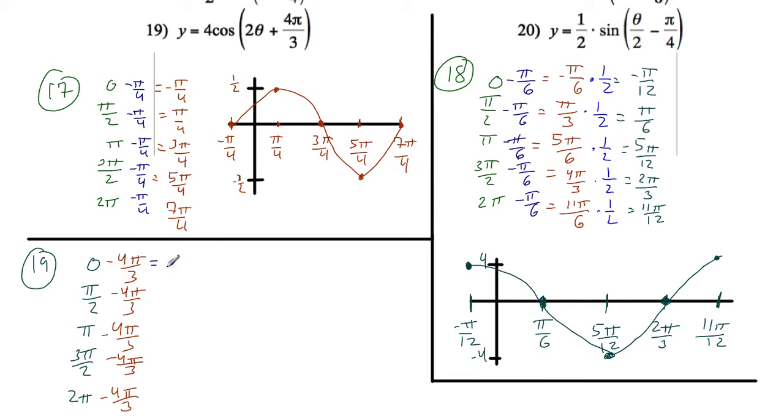Okay, so 0 minus 4 pi over 3 is minus 4 pi over 3. Common denominator here is going to be 6. So this is 3 pi over 6 minus 8 pi over 6 gives us a negative 2 pi over 6, or negative pi over 3. It's an ugly 3. But aside from that, this is 3 pi over 3 minus 4 pi over 3 is negative pi over 3, leading me to believe I did this one wrong.